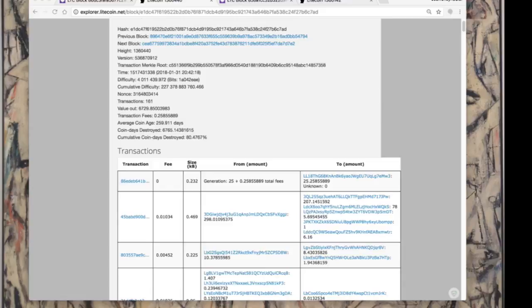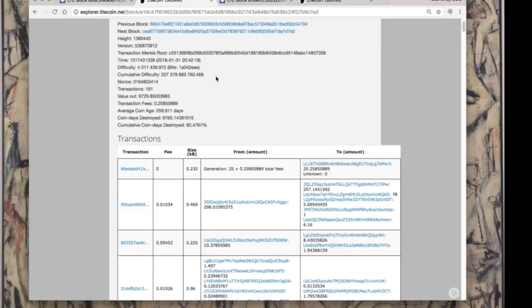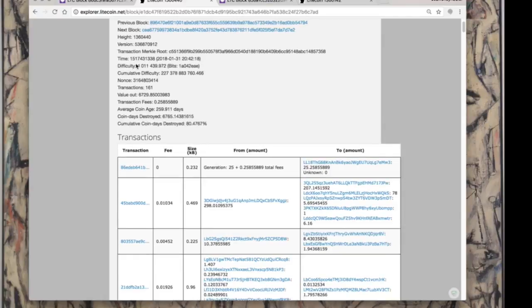Bits is actually a compressed version of the difficulty. So rather than writing all this information down, they'll write down bits, and it's smaller in size and easier to transmit. Your nodes and your wallets will have the necessary information to decode what the difficulty is. But that's what gets relayed throughout the network.